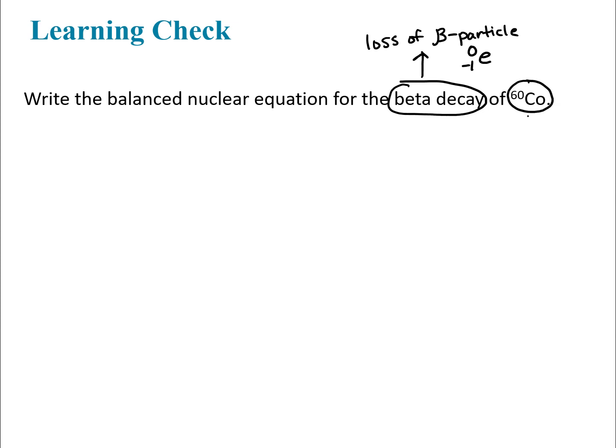Cobalt 60. That means that 60 is the mass number. We don't know what the atomic number is. Where can we find the atomic number for an element?